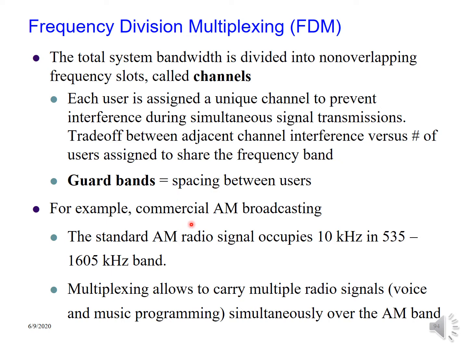For example, in AM broadcasting, we have 535 to 1605 kilohertz, where each channel occupies 10 kilohertz. This multiplexing allows multiple radio signals to be transmitted over the AM amplitude modulation band.